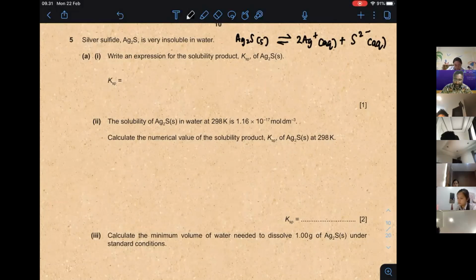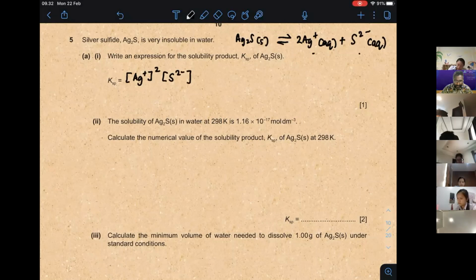So write down the expression of the solubility product. For the solubility product, we only write down the expression for the ions, and we do not write down the solid Ag2S, because its concentration is constant. So we write Ag+ to the power of 2 and then S2-.